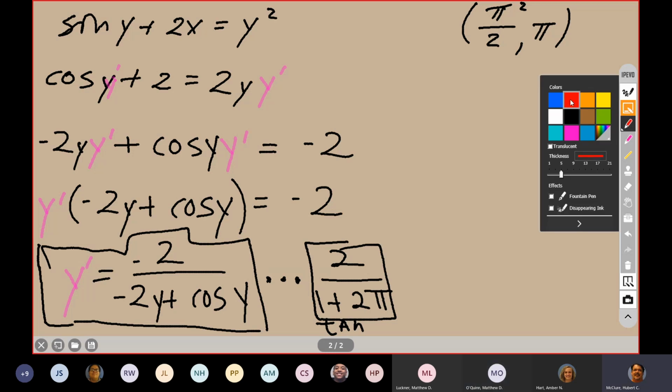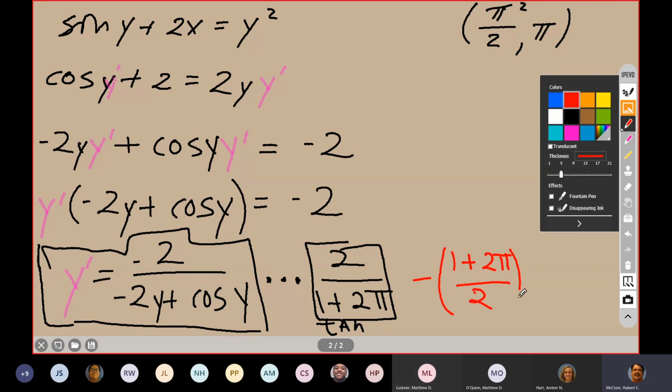Somebody tell me what the new slope is going to be for the normal vector. Negative, and I'm going to put a parenthesis there, 1 plus 2 pi over 2. I didn't hear you, I heard a mumble. 1 plus 2 pi over 2. Thank you. 1 plus 2 pi over 2.